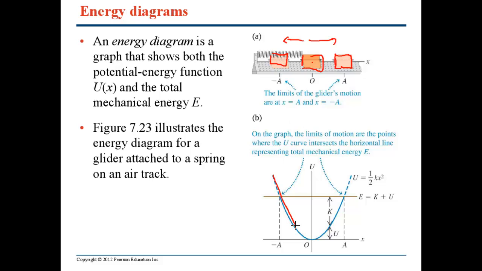We know that we can graphically draw the spring energy with that parabola, U is equal to 1/2 kx squared, and we know that the total energy of the system must be equal to a constant. That's going to be its kinetic energy plus its potential energy. So we can say that the sum of the potential energy and the kinetic energy at any given point must add up to this big energy line.